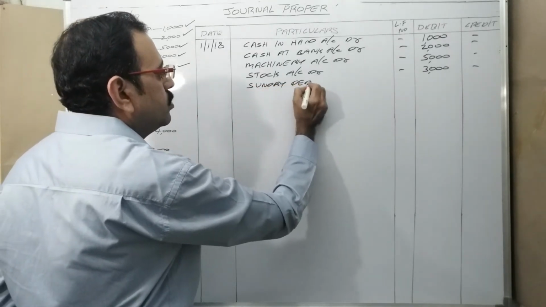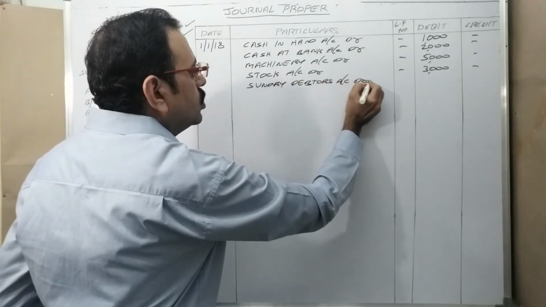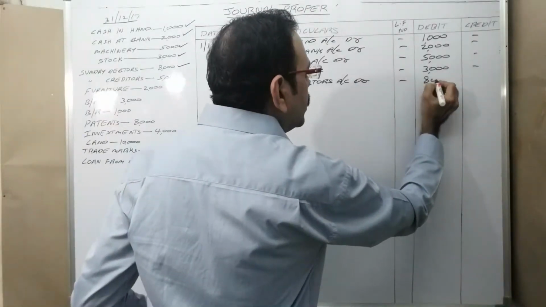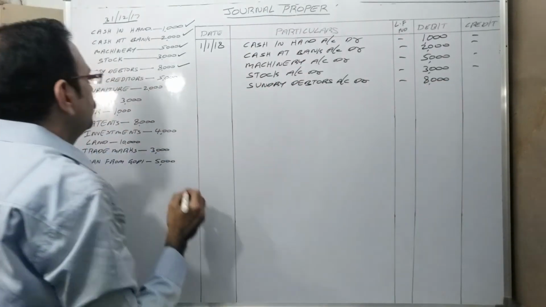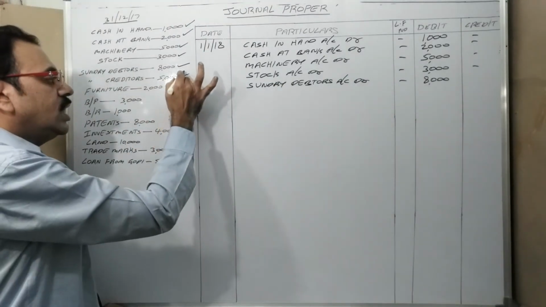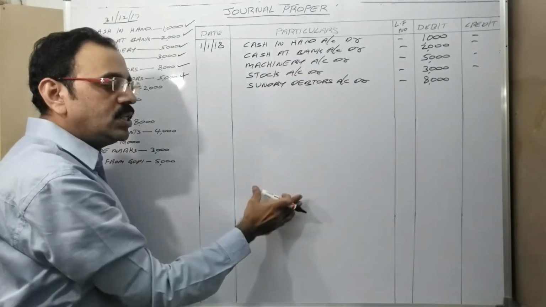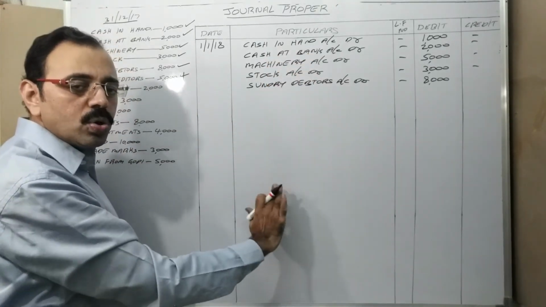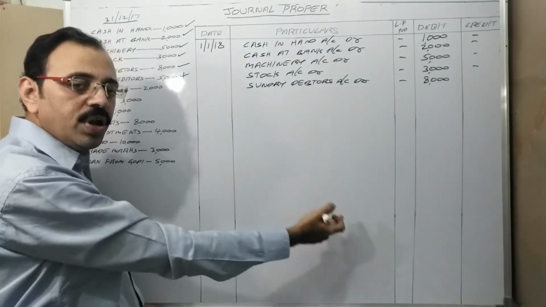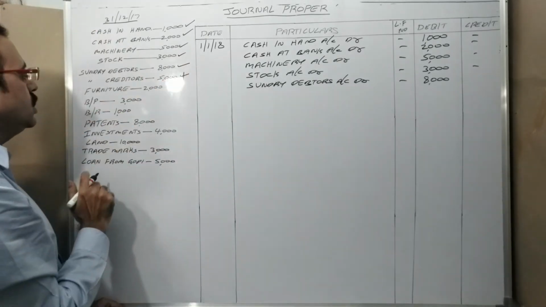Sundry debtors account debtor. Amount is 8,000 rupees. Then sundry creditors. It is a liability. Now first we are listing out assets. Therefore don't show the liabilities now. After completing all assets, we'll come to that part. So at present, you ignore this.